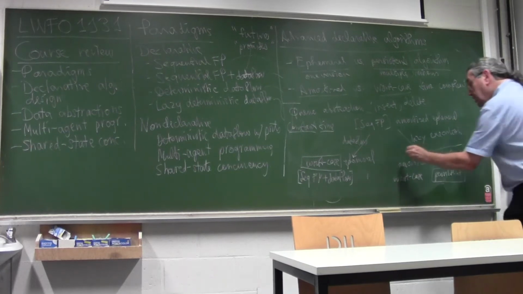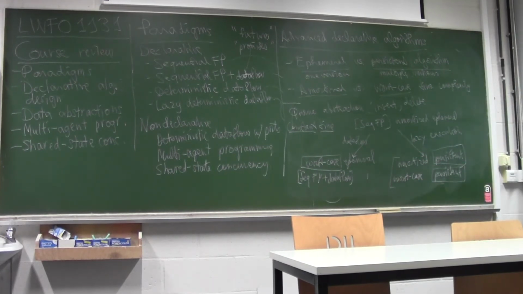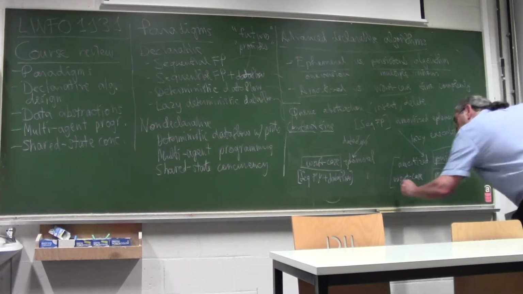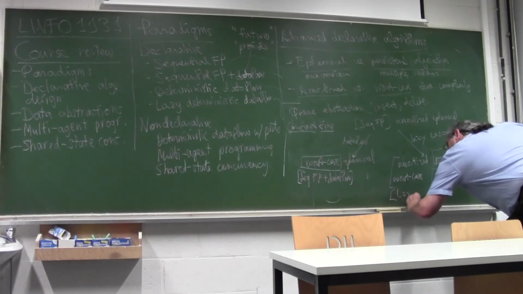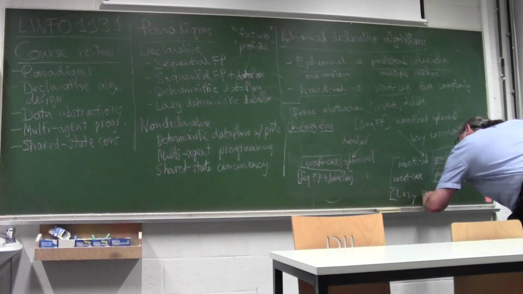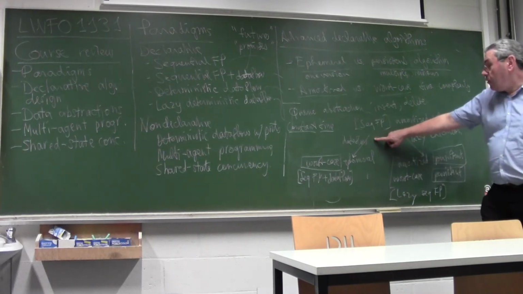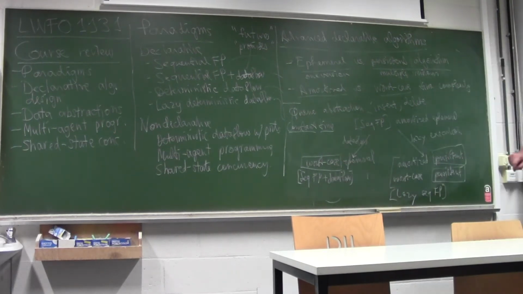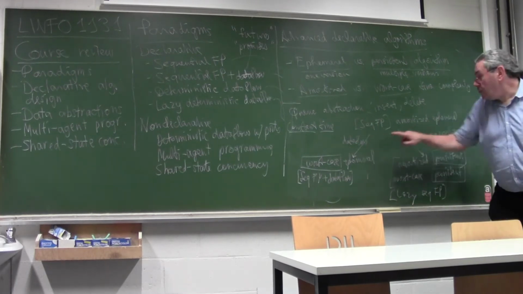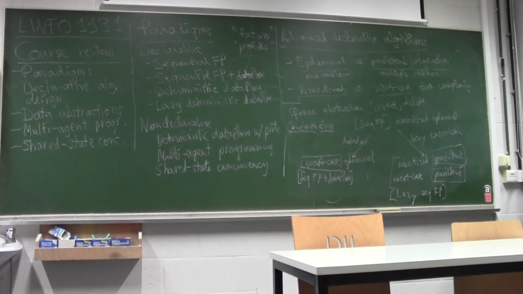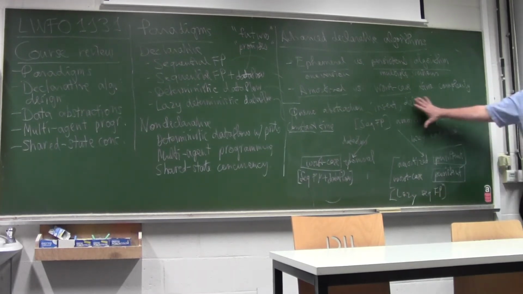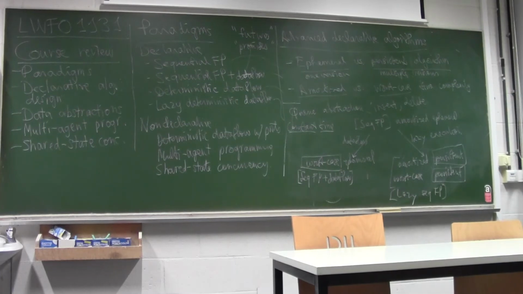So basically, this is sequential functional programming. The laziness gives you persistence, and the data flow variables give you worst case ephemeral. So the data flow lets you go from amortized to worst case, and the laziness lets you go from ephemeral to persistent. Okay, so that's a summary of what we saw.